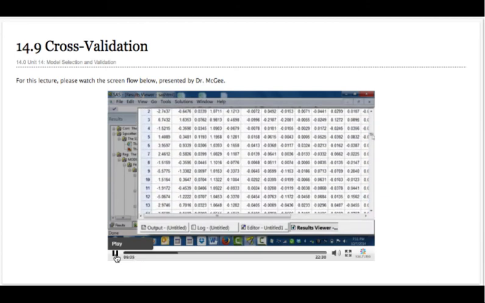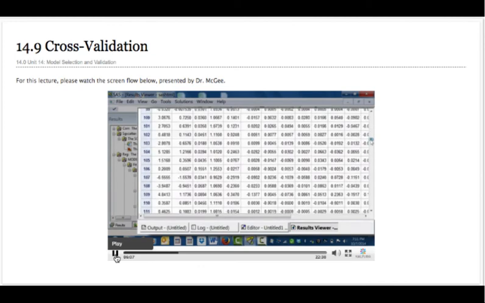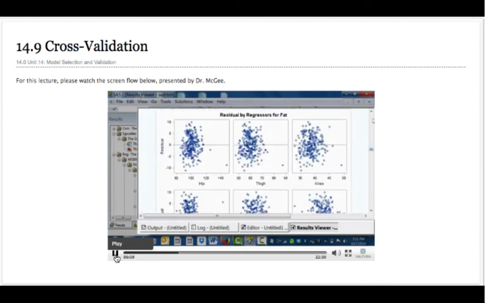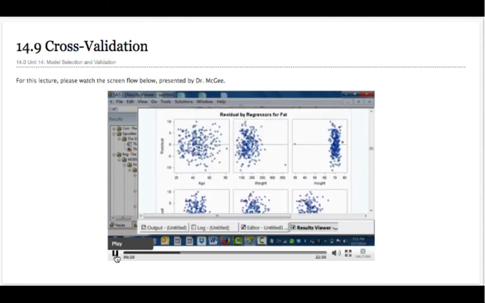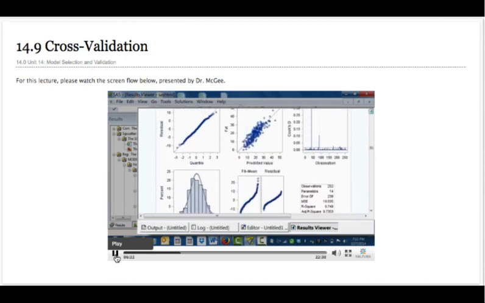I have to scroll down quite a bit to get past all these. These are all the fit statistics, by the way, so I have 252 of them. Here's my residual plot. You can see that we do have a couple of observations that look like outliers. I'm going to scroll up a bit more. So I've got a residual plot for every single regressor.